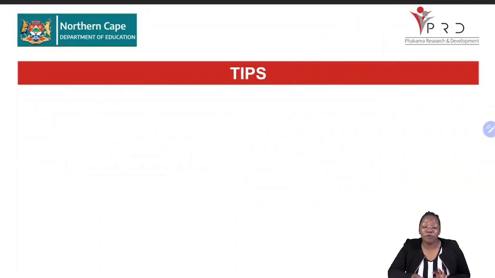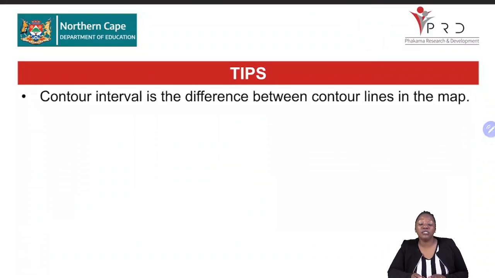Looking at the tips before we display our corrections, remember you should understand when we're talking about the contour interval, what are we talking about? We are talking about the differences between your contour lines. You will remember that on the map, we call them contour lines, and in a synoptic weather map, we call them isobars.